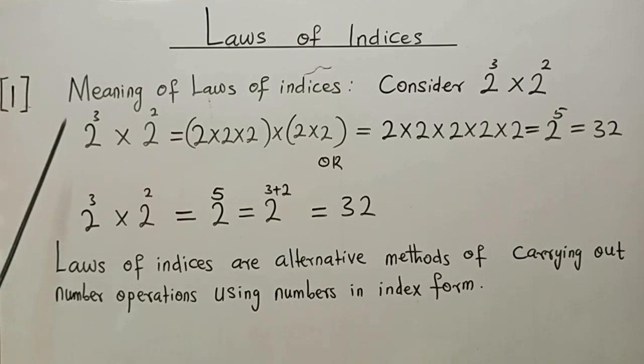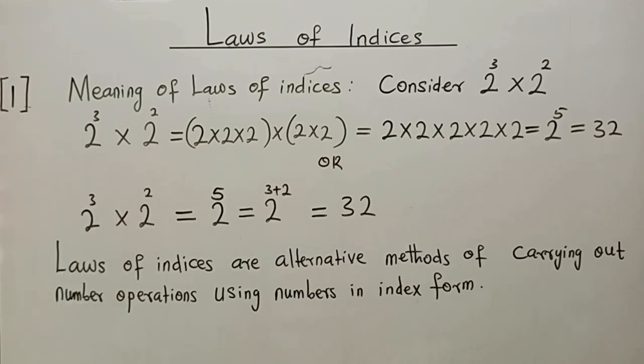Notice that adding 3 to 2 to get this power 5 is done when the numbers are multiplying. What if what is here is not a sign of multiplication? Therefore, adding 3 to 2 when multiplying is correct.